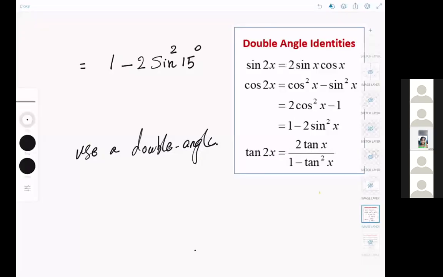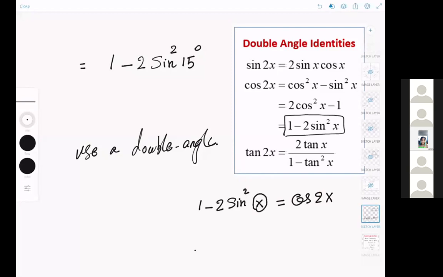Cosine 2x, the third option. Very good. So this is a formula we see anytime we have 1 minus 2 sine squared of x, the answer will be cosine of 2x. That means if here is 10 degrees, this will be cosine of 20 degrees.